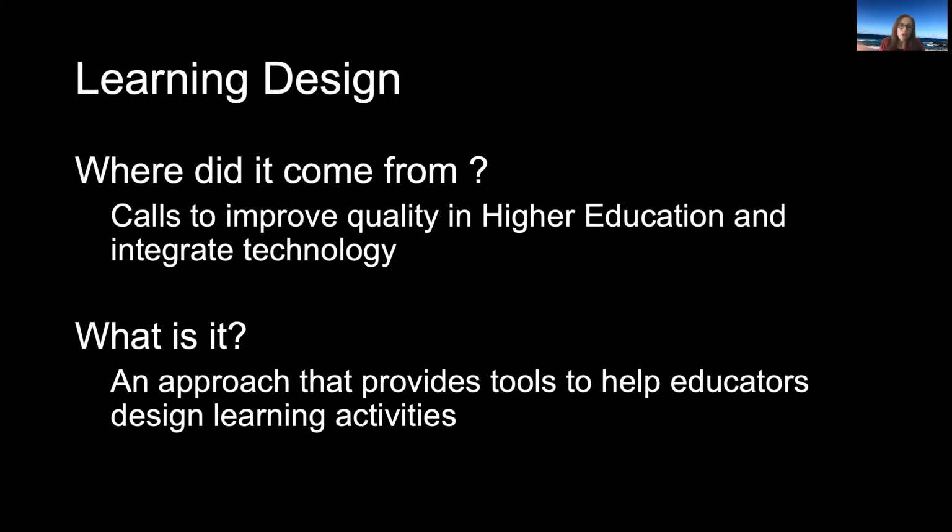It involves both a process, that is helping teachers to design, plan and organise their learning activities, as well as a product where the teacher can describe the learning activities that they have designed and document these learning activities in a particular way, which I'm going to show you in a moment.